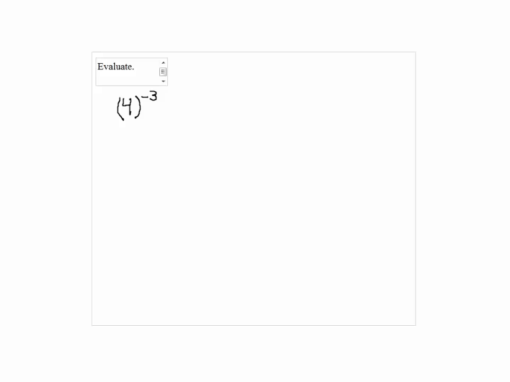Evaluate 4 to the power of minus 3. Okay, recall a to the power of minus n is the same as 1 over a to the power of plus n.